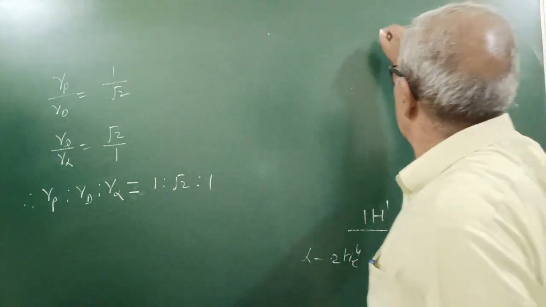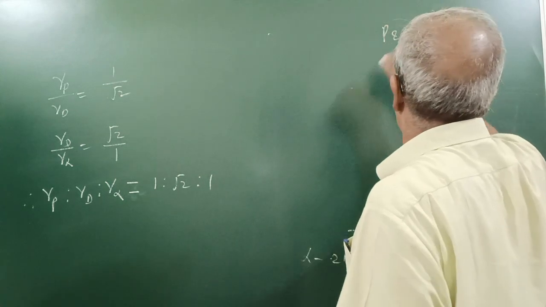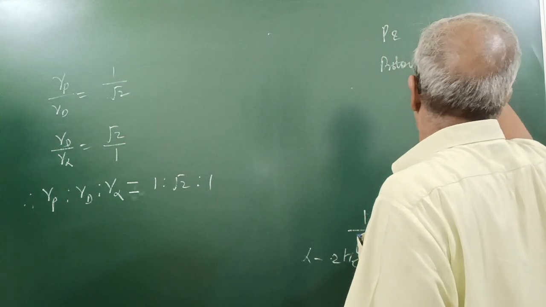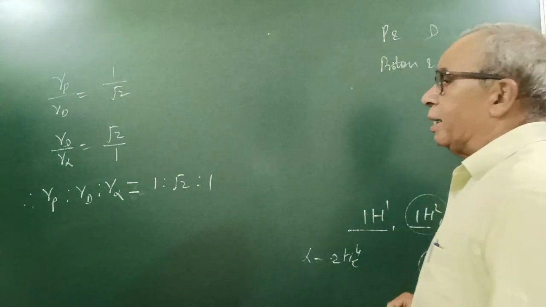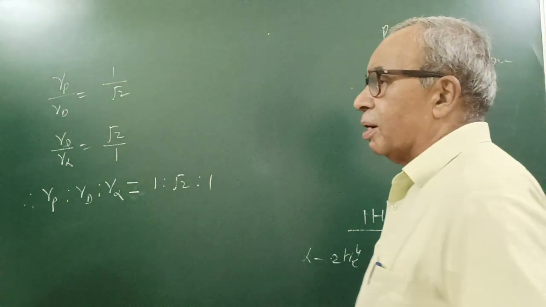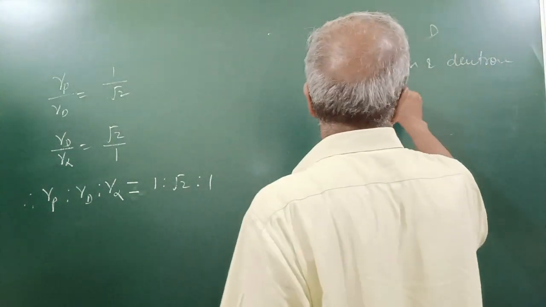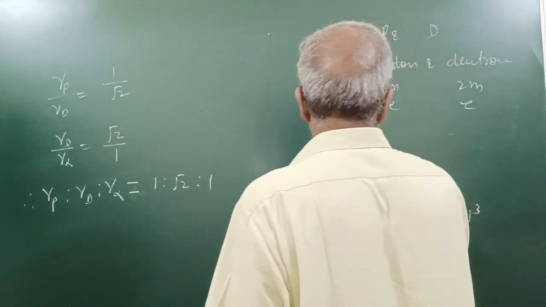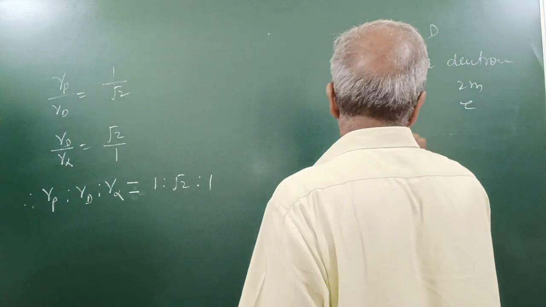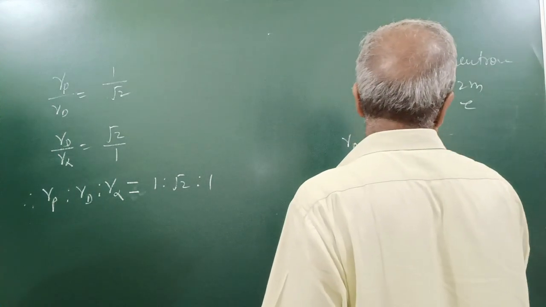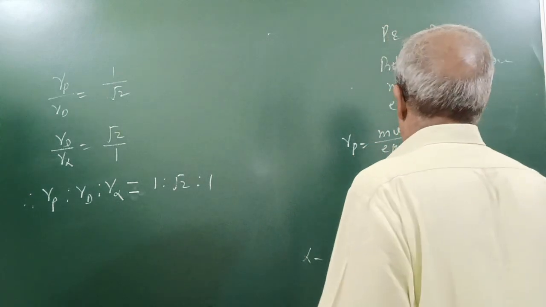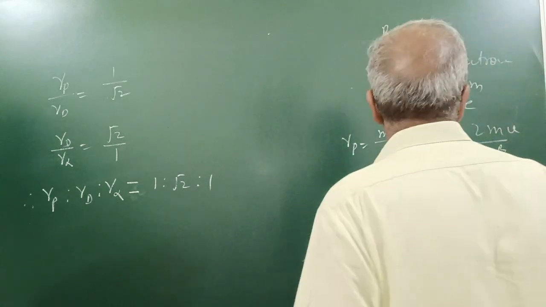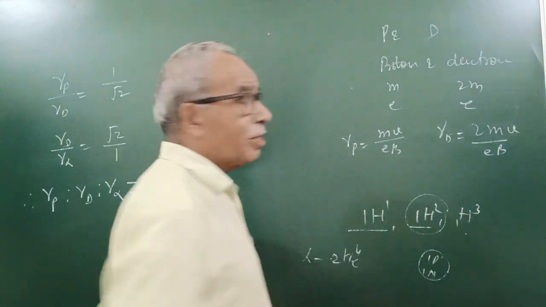If proton and deuteron enter the magnetic field with the same velocity, the mass of proton is m, charge e, and the other has mass 2m and charge e. So radius of proton is mv upon eB, and for deuteron it is 2mv upon eB, that is, Rd is twice Rp.